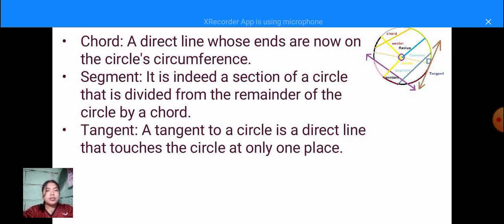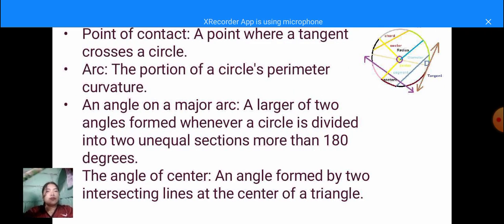Tangent: a tangent to a circle is a direct line that touches the circle at only one point. Point of contact: the point where a tangent touches a circle. For arc, the portion of a circle's perimeter curvature.